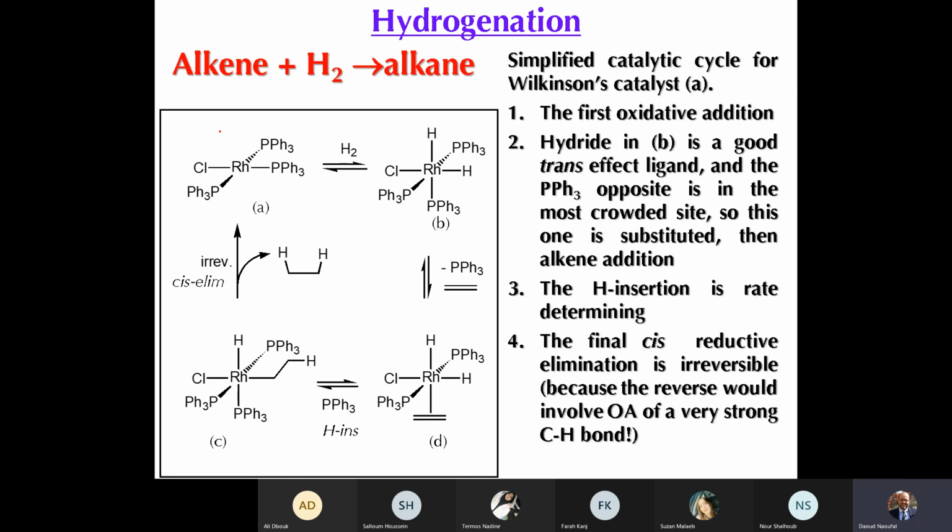For example, I start with the catalyst. This is rhodium 1, okay, and the rhodium 1, the rhodium 0 is rhodium 0.